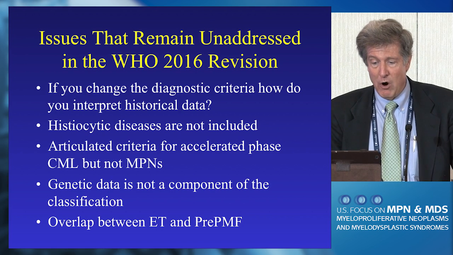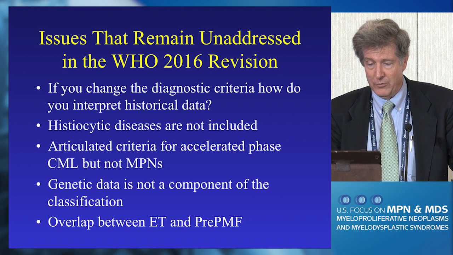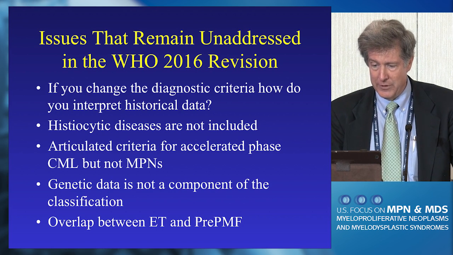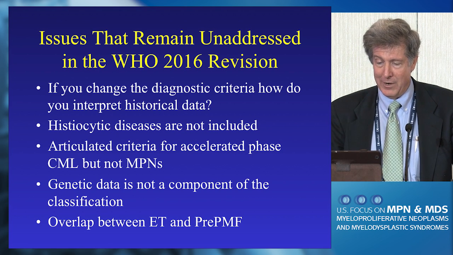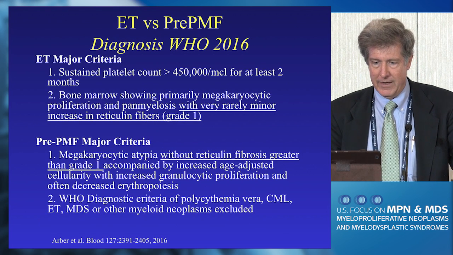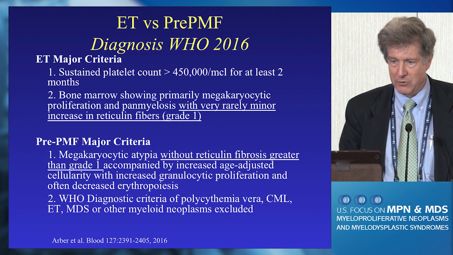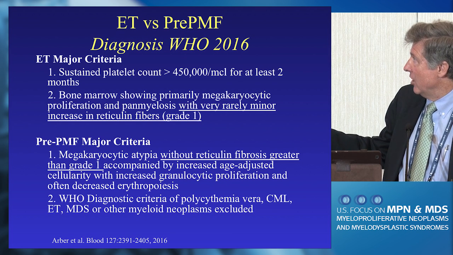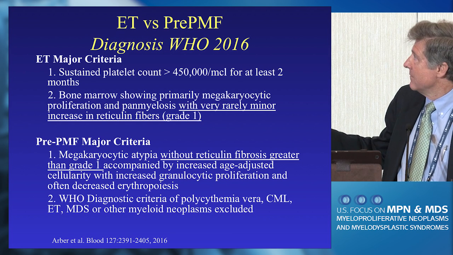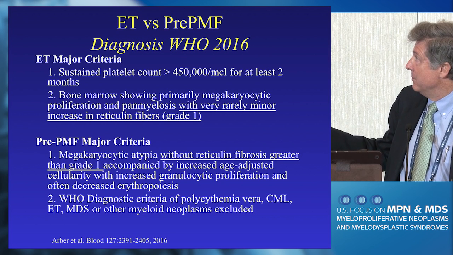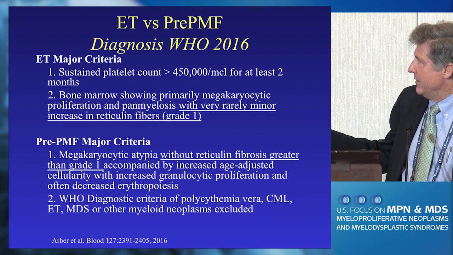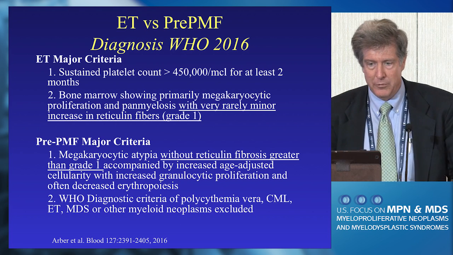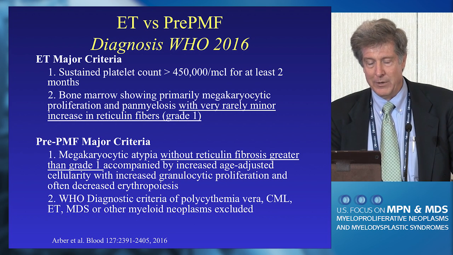There is still ongoing overlap between essential thrombocythemia and primary myelofibrosis. And if you just compare the major criteria, the difference really seems to hinge on the platelet count that's seen in essential thrombocythemia and the possibility of anemia for primary myelofibrosis.